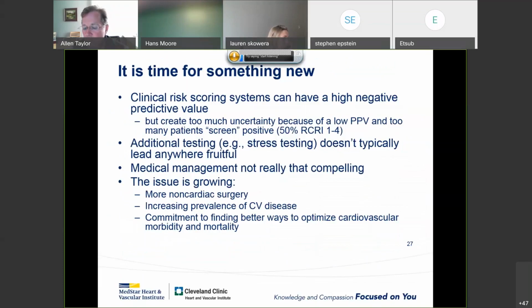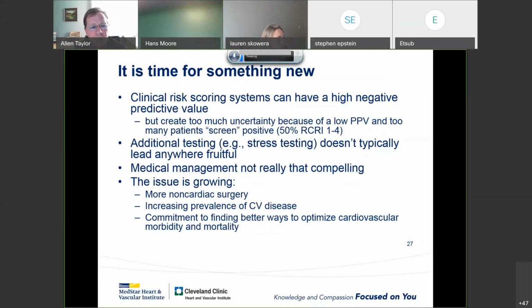So having gone through that, the idea of the RCRI and the fact that it's quite limited and quite old, the NSQIP, which is a newer approach but, although more accurate, still has poor positive predictive value, and the fact that further testing or even medication management holds little to help us, I think it's time for something new.